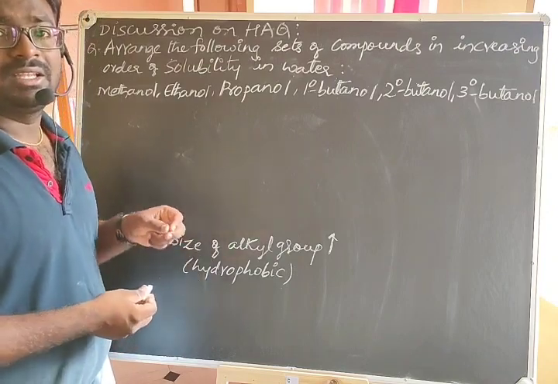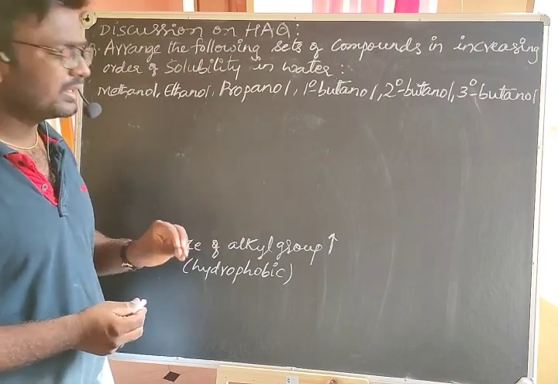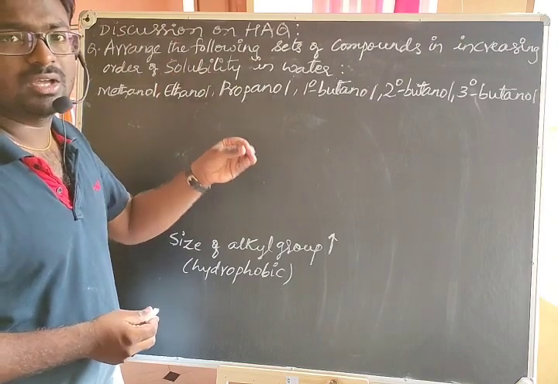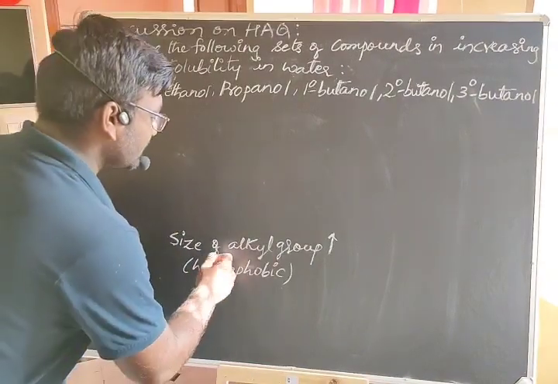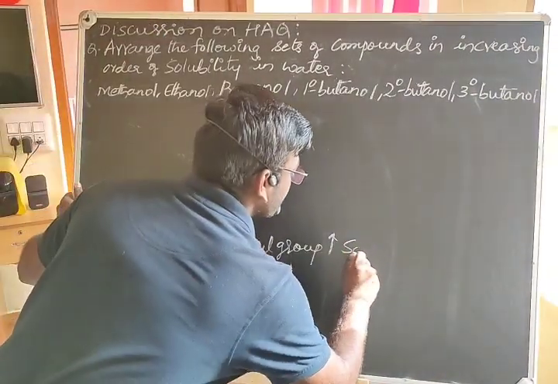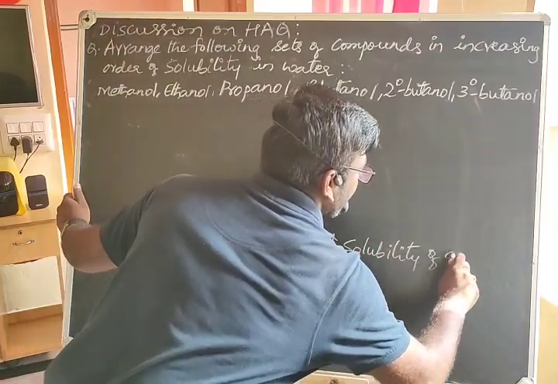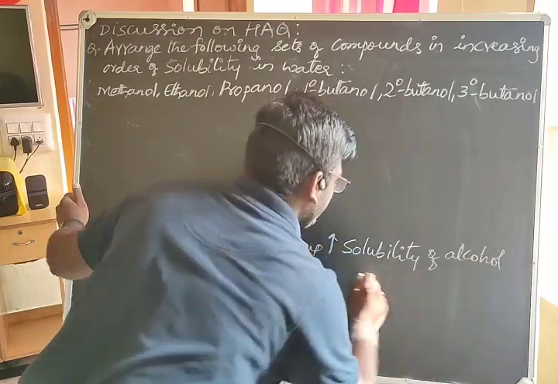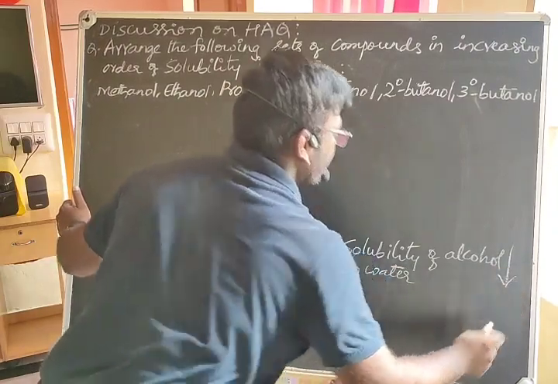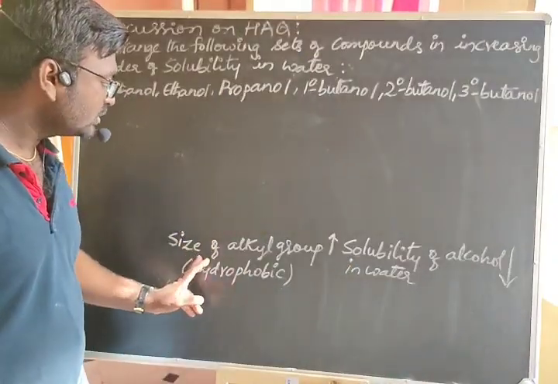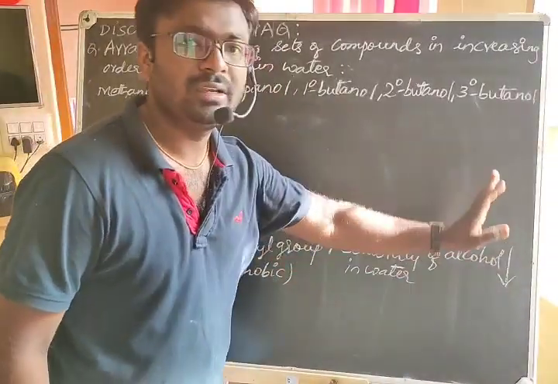This means the lower members of the alcohols are readily soluble in water, and higher members of alcohols are slightly immiscible with the water. So you have to remember this: as the size of the alkyl group increases, the solubility of alcohol in water decreases.